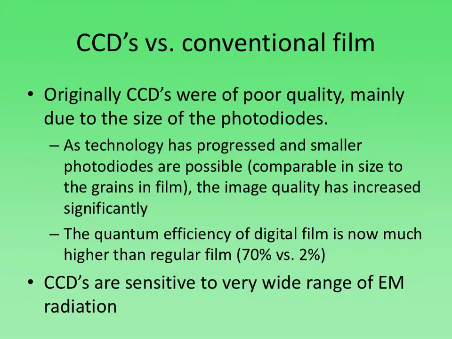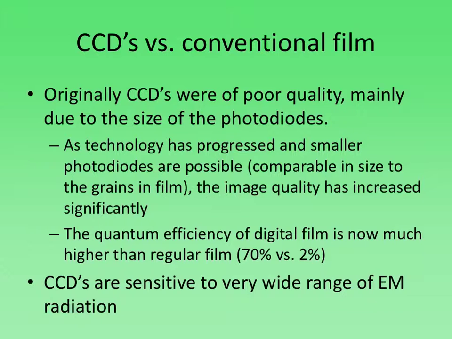But as technology has progressed, and obviously cameras and iPads and things like that are an enormous market with billions of dollars in them, there's a lot of money being put into improving the quality of the CCDs, both the magnification, the size of the photodiodes, and the quantum efficiency.